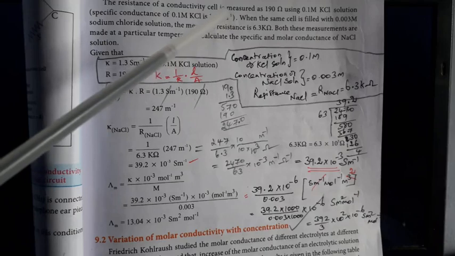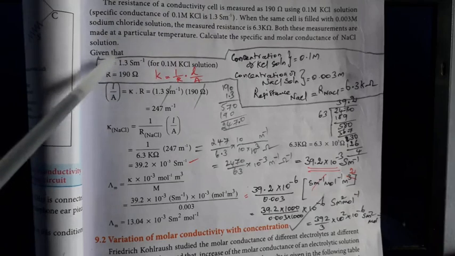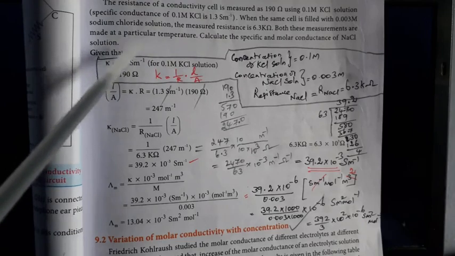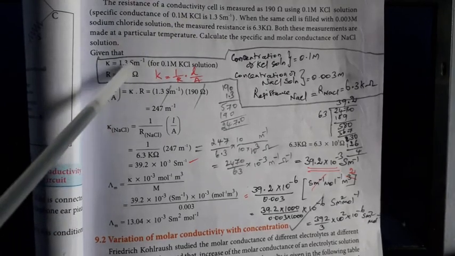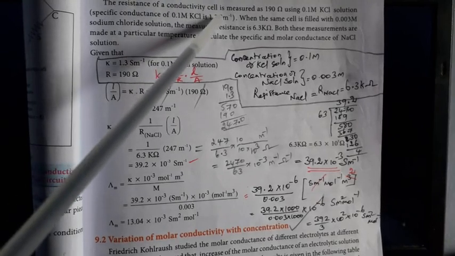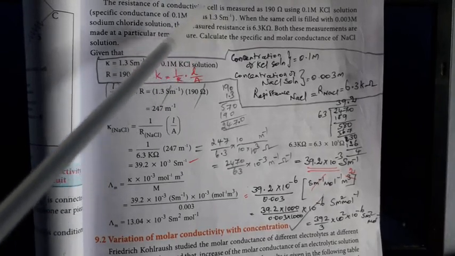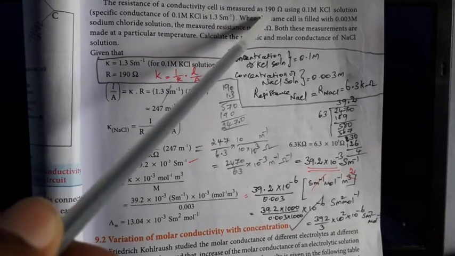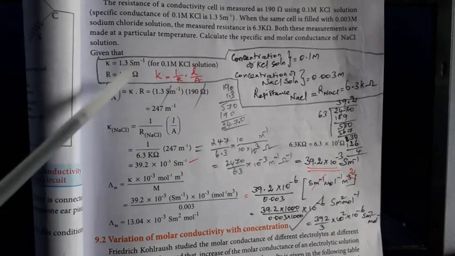What are the data given? Kappa value for the potassium chloride solution is 1.3 S m power minus 1. Resistance of the potassium chloride solution is 190 ohm. This is the given data.